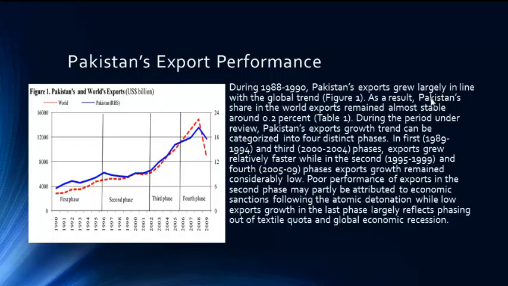So it is not that we have done terribly in exports. It is true that some countries have done tremendously well. Bangladesh and India and China and Korea, they have done tremendously well. But we have not done too badly either. We have had a normal performance, neither too good nor too bad. We just followed the world trend.